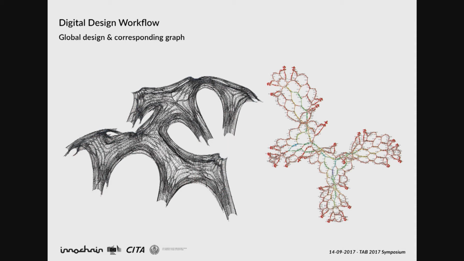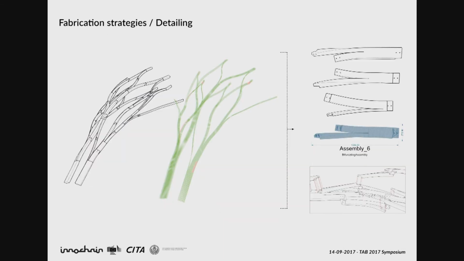Finally, this is the full model of the project with the underlying mesh, and on the right, you see an abstract network which represents all the connections of the structure. Of course, we had to think about the fabrication.